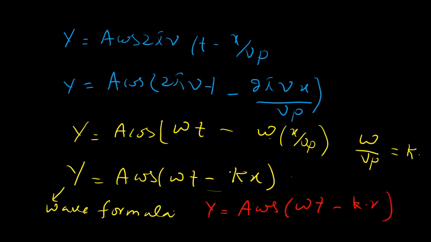So here instead of kx we write the dot product k dot r. This was our general formula for the wave function, which describes the wave.